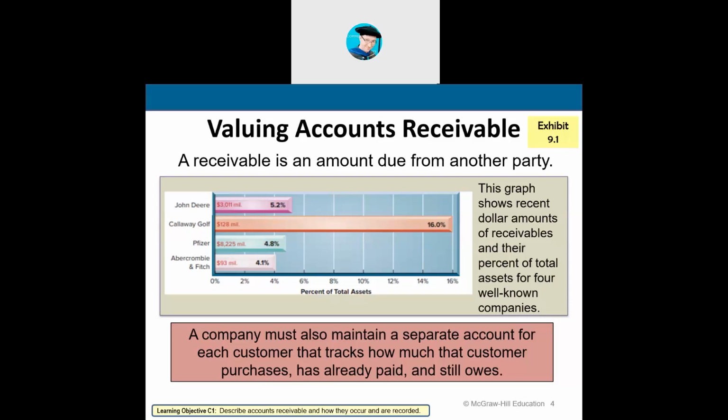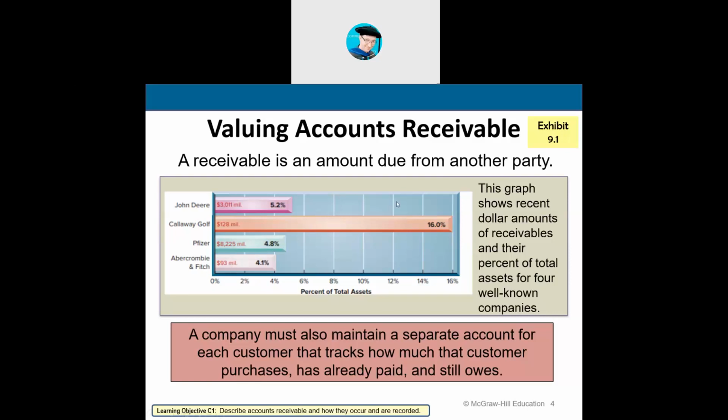That's how we track how much each individual person owes the company. So we've talked a little bit about this, and it's through the concept of subsidiary ledgers. A subsidiary ledger is a ledger within a ledger. The primary ledger is accounts receivable. The subsidiary ledger would be the name of the customer, account receivable.